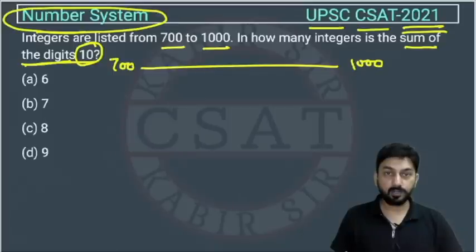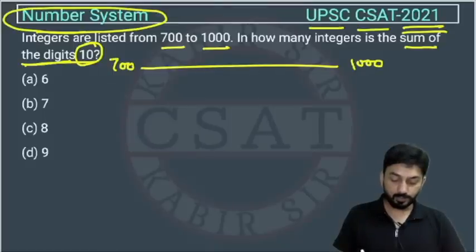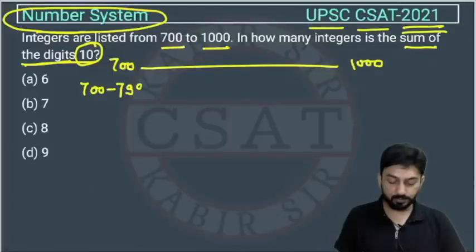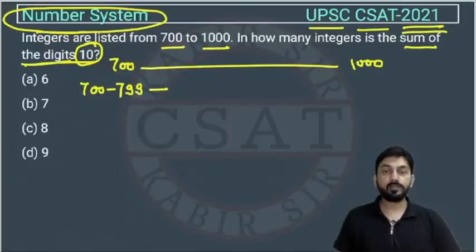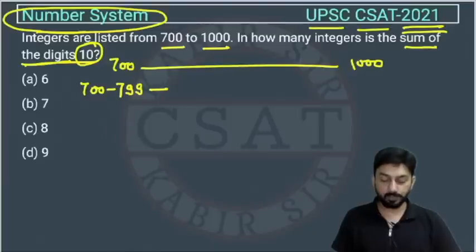So how will we solve it? First we will take 700 to 799, and we will check how many numbers will be there whose sum is 10.